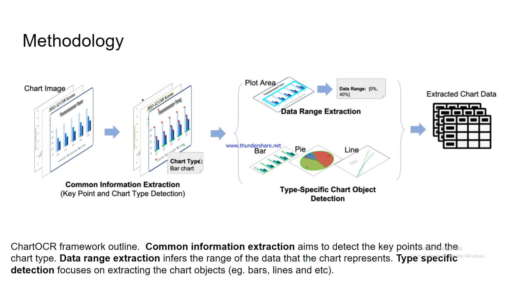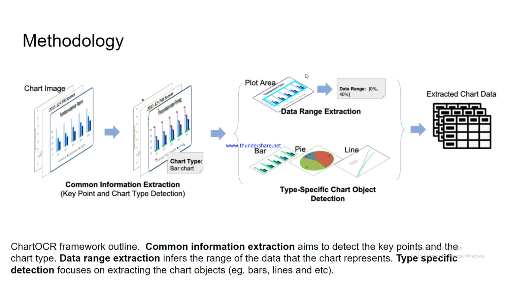Once it has finished key point detection, it goes to data range extraction. The output of the key point detection network is a probability map that highlights the pixels of key points.